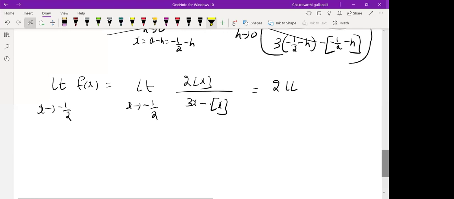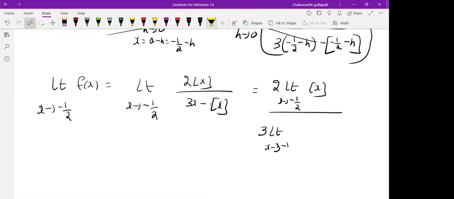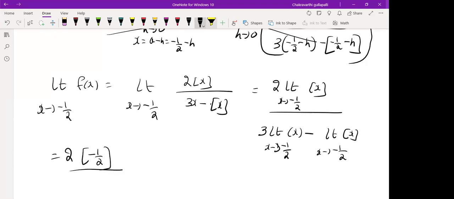This is 2 limit x approaching minus 1 by 2 of box x, divided by 3 into limit x approaching minus 1 by 2 of x, minus limit x approaching minus 1 by 2 of box x. We know box x limit exists at every non-integer. This is not an integer, so the limit exists. If it exists, we can directly replace. If it doesn't exist, we cannot.